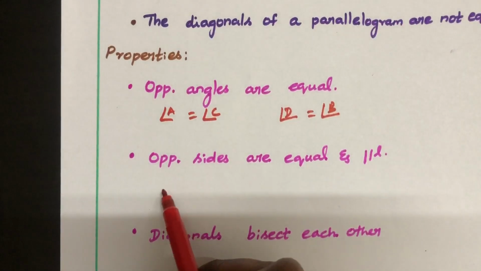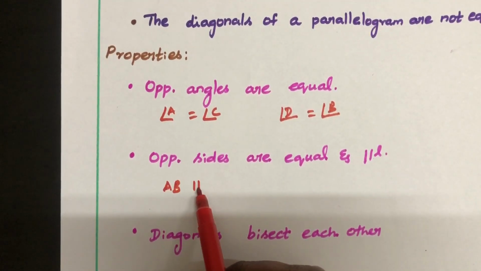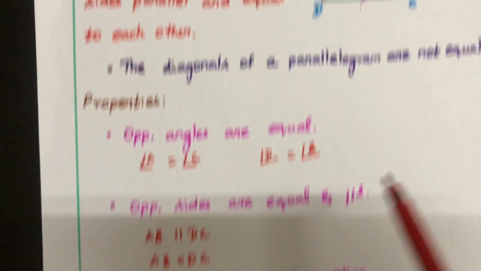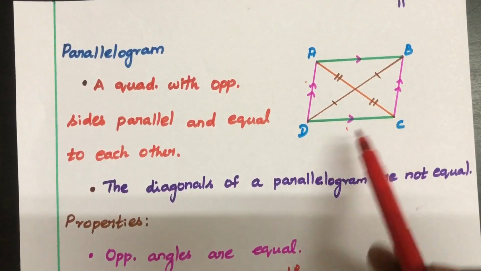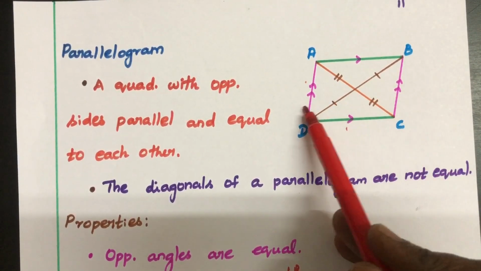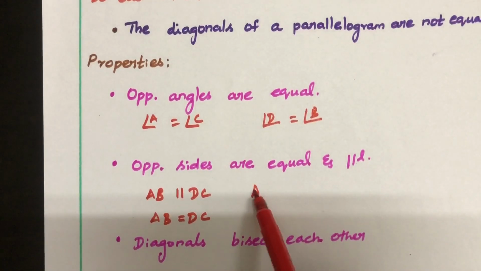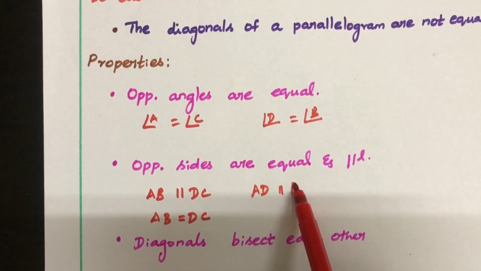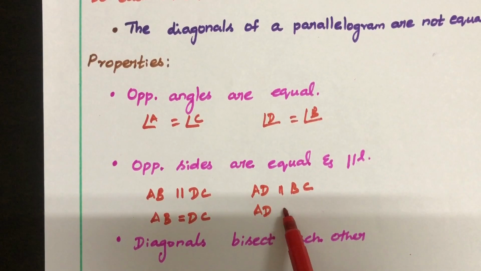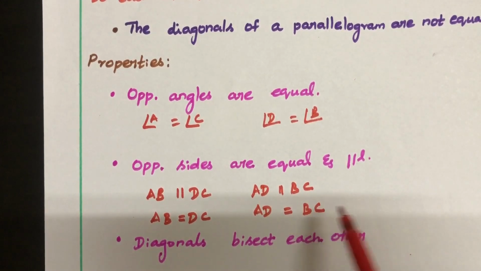See here. AB parallel to DC. Also, AB is equal to DC. Similarly, AD, BC. Both parallel and equal. AD parallel to BC and AD is also equal to BC.